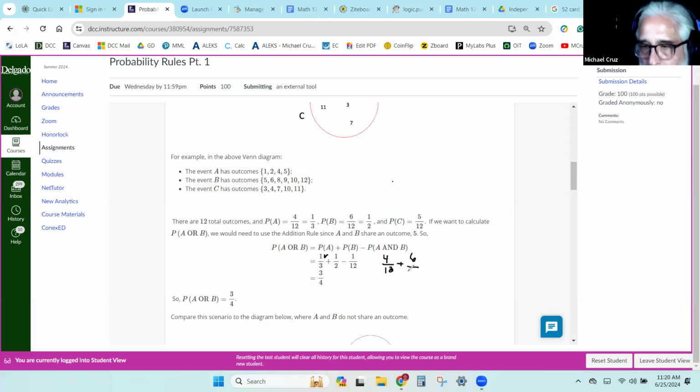That's the B. In case you're wondering, this is the probability of A, and this is the probability of B, minus the probability of A and B. I'm going to put A intersection B to keep it short.